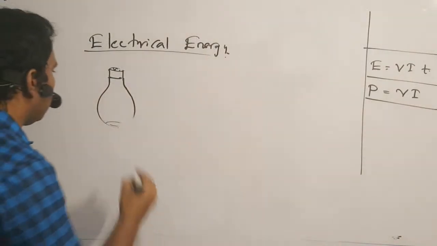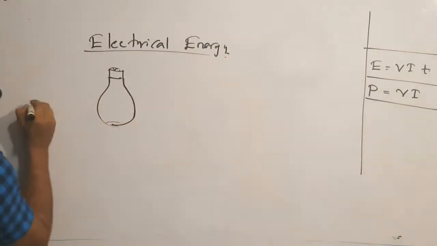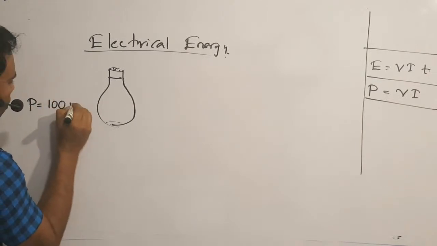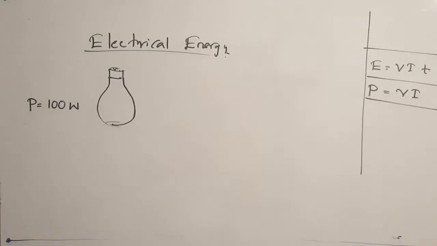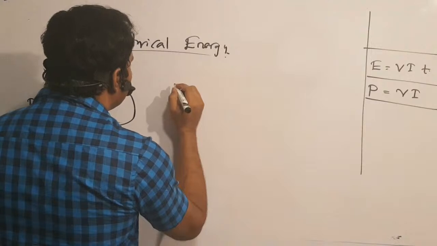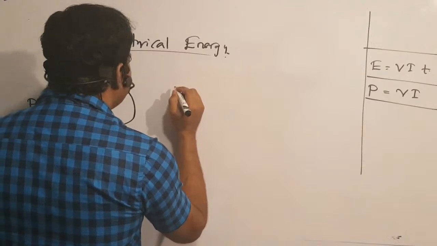Imagine the watt value or the power of this bulb. Power equals 100 watt. So we have to calculate the electrical energy consumption.